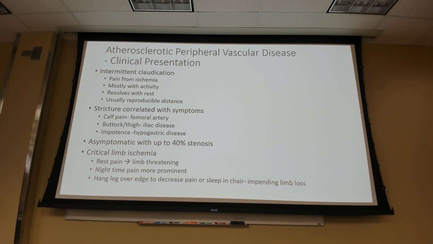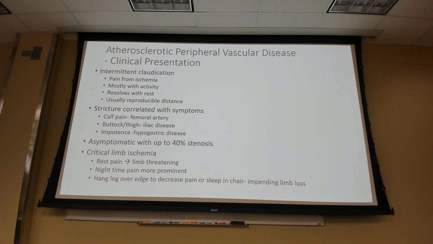All right, so what do these patients present with? They'll have that intermittent claudication, so it's going to be pain from ischemia, but typically they'll complain of it with activity. And usually they're elderly, so they'll say, I was on my daily walk today, and every time I hit 1 mile, I tend to get this really significant pain in my left leg. And then it gets better once I've stopped exercising.